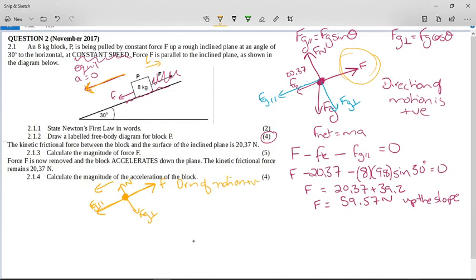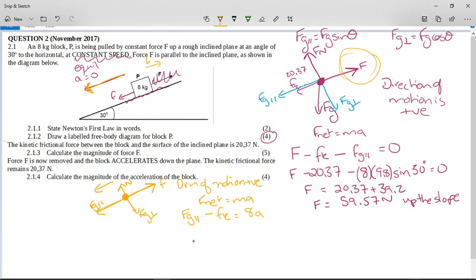F net equals ma. We have to find the a, but let's look at the net forces. FG parallel is in the direction of motion, minus the kinetic friction, equal to 8a, because the block weighs 8.